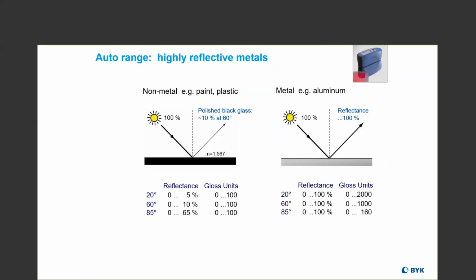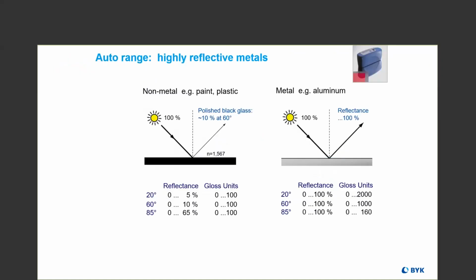And so that's why our meters have this expanded measurement range where at 20 degrees you can go up to 2,000 gloss units, 60 degree goes up to 1,000, and you wouldn't really ever want to use an 85-degree meter with a polished metal, but they can go up to 160 gloss units.